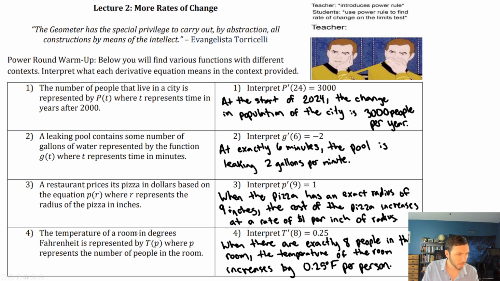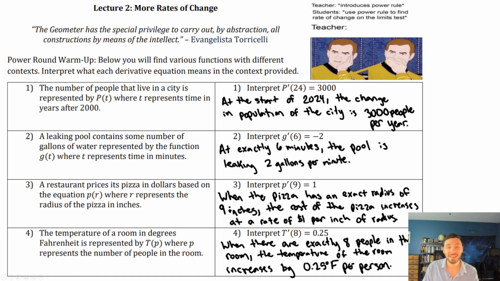Okay, the temperature, let's do the next one. The temperature of a room in degrees Fahrenheit is represented by T of P, where P represents the number of people in the room. So T prime of 8 is equal to 0.25. We would say when there are exactly 8 people in the room, the temperature of the room increases by 0.25 degrees Fahrenheit per person.